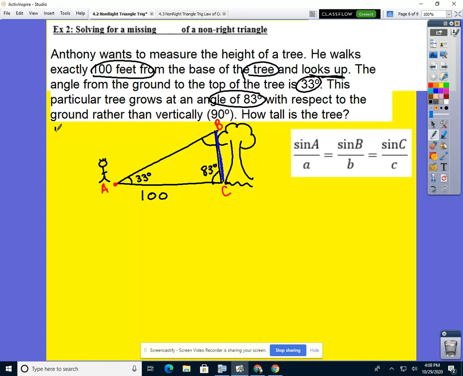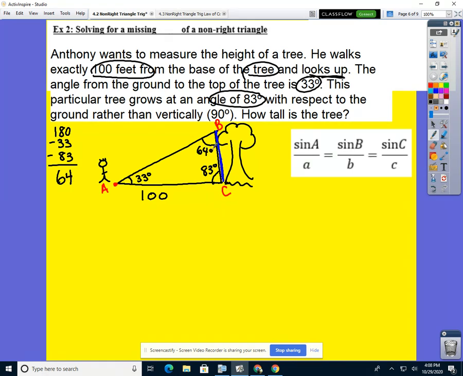So I'm going to take 180, minus 33, minus 83. I can't really do it in my head, so I use my calculator. It's okay. So this is 64 degrees.